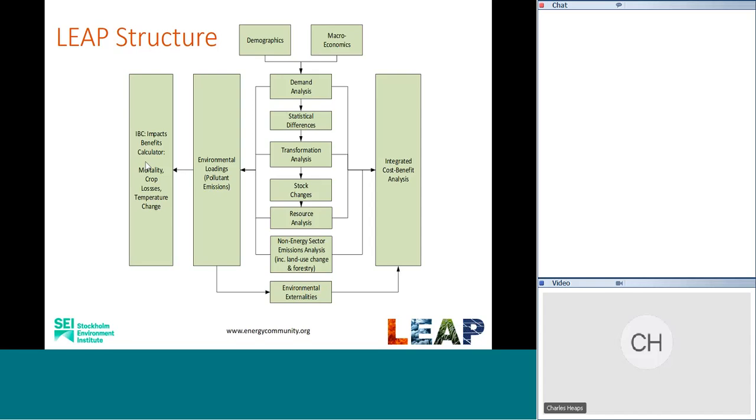So in other words, it's calculating the exposure of people to different key pollutants, and then it uses that information in conjunction with a set of exposure response functions that translate the exposure into estimates of impacts.